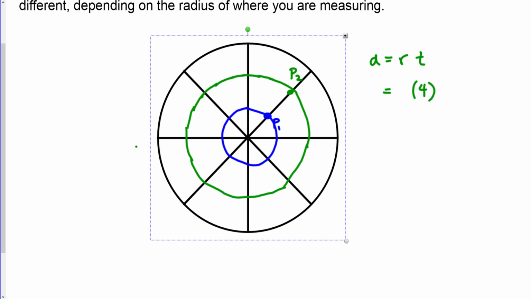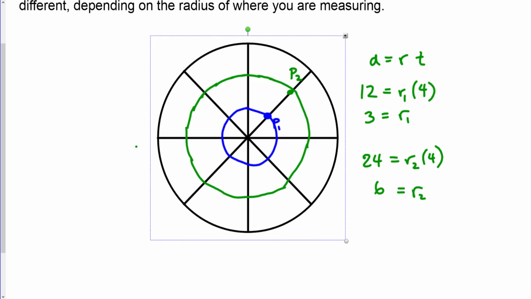So the distance for point 1, let's say, is 12 inches, and the distance for the second point is 24 inches. When I divide both sides by 4, the rate of point 1 is 12 over 4, which is 3. The rate of point 2 would be 24 over 4, which is 6.